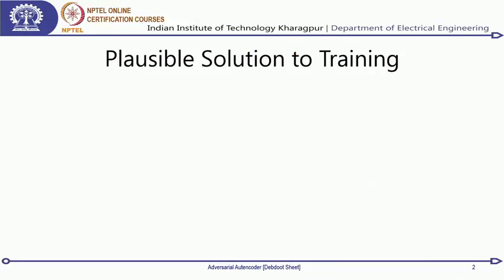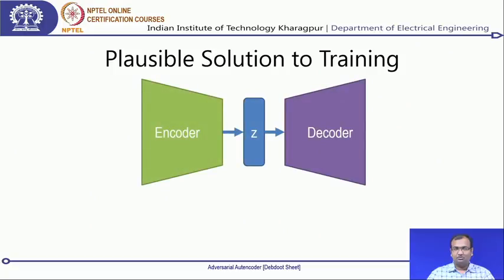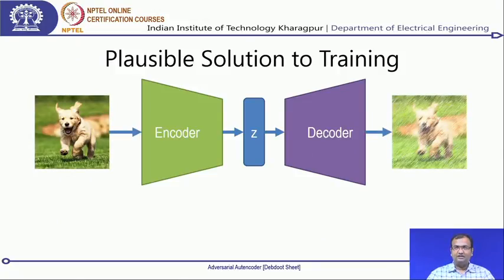Now, one plausible solution to training adversarial autoencoders was something of this sort. You have your encoder decoder network, as in an autoencoder. You put an image into it and you get an image out. Within one epoch, you train this over all the forward and backward passes.